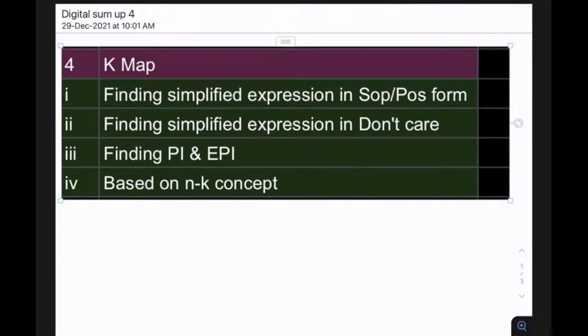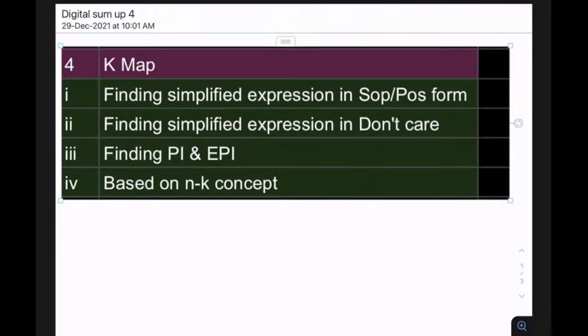If you don't have experience, then you don't know how much time you take to solve a particular problem. Apart from it, K-map has one more benefit compared to Boolean algebra: using K-map, we can handle expressions which contain don't care combinations. If we have don't care combinations, we can easily handle them using K-map.